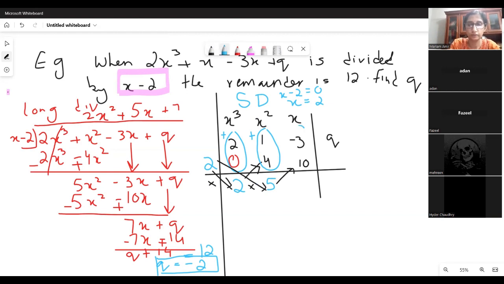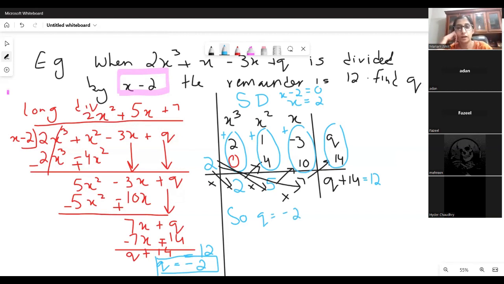Then you add these, 7, and then you multiply 2 and 7, which gives us a 14. So the remainder is q plus 14, which we know is equal to 12. So again, q is minus 2. Same answer, different method.